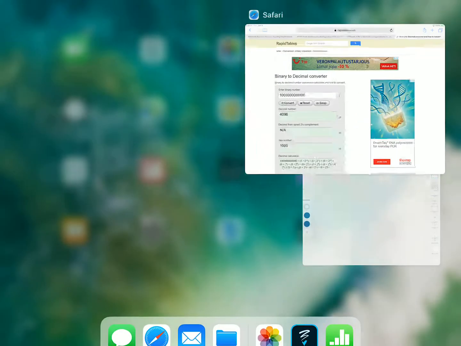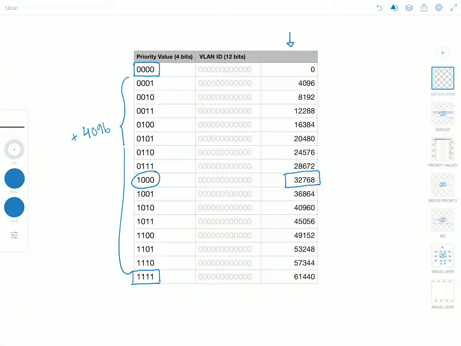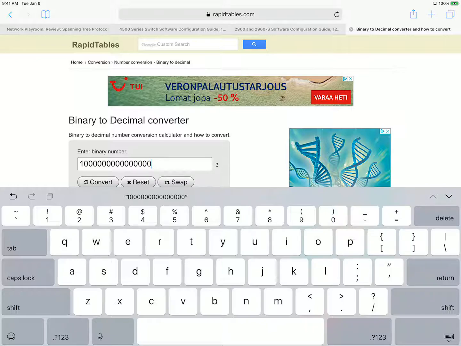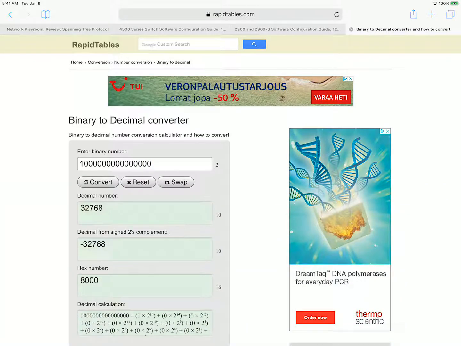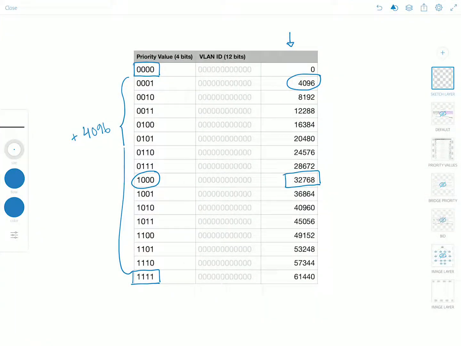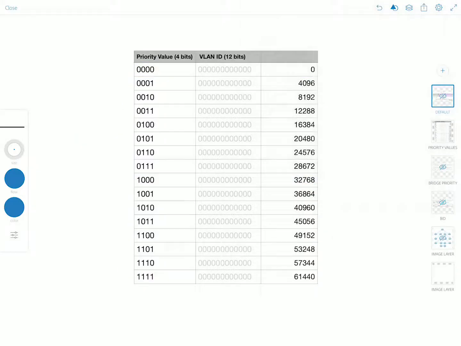Oh, sorry, to get the default priority, we actually need 3 more zeros. What I have done now is essentially this number. So we need those 3 more zeros. So let me do that again. So 1, 2, 3. So now we should get 32,768, which is true.